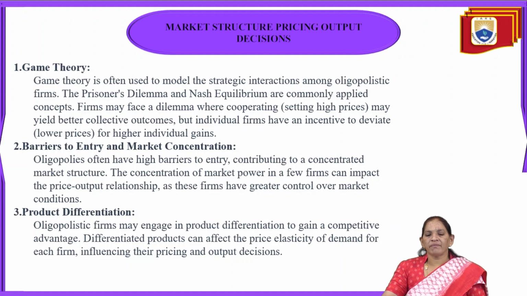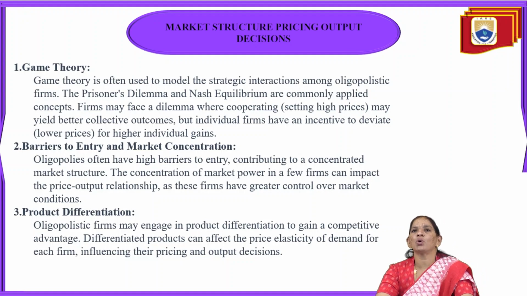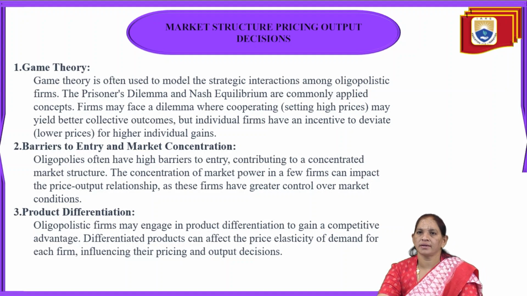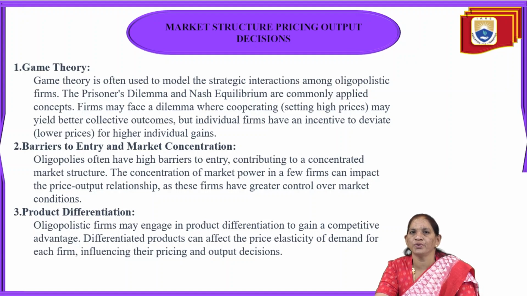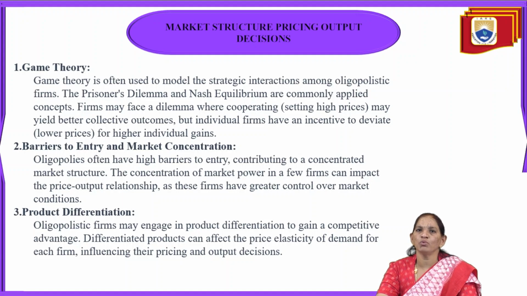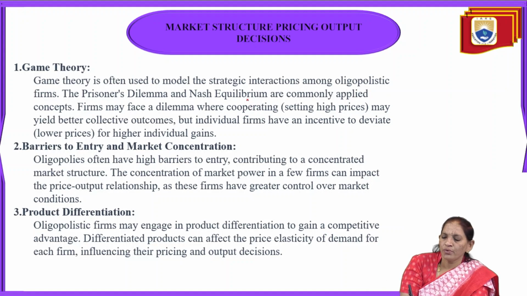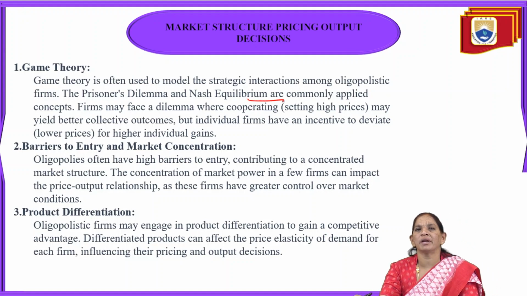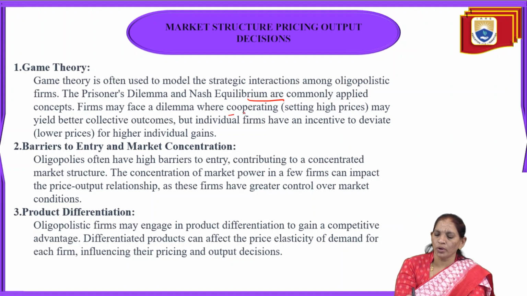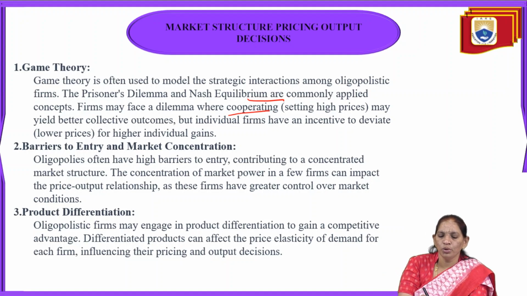And for this we have game theory, which is often used as a model for strategic interaction among oligopolist firms. The pioneers of this game model were Cournot and Nash, where the equilibrium is a commonly applied concept. In this theory, the firms face the dilemma of whether to cooperate with one another by setting a high price to yield better collective outcomes.